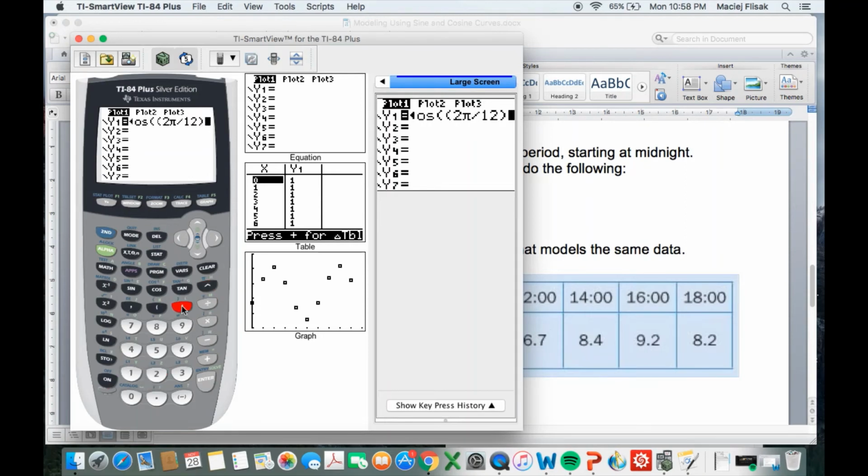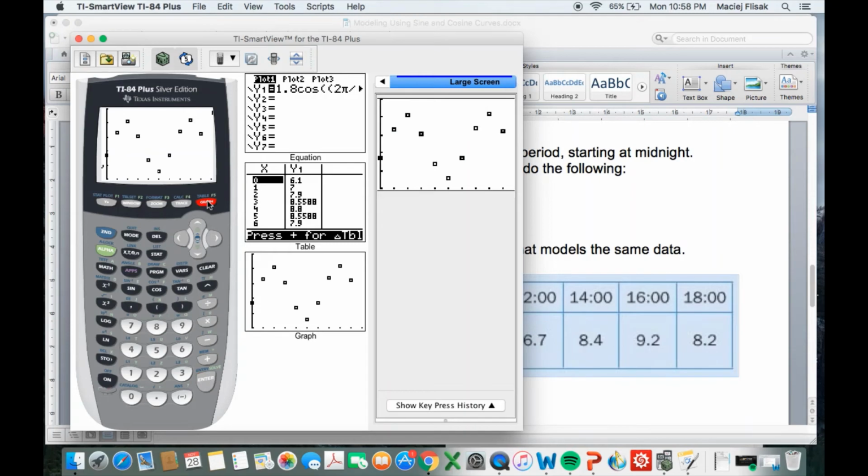Close that parenthesis, and then open a new parenthesis, x minus 4, close it, double close it, add the other translation, vertical, sorry, 7.4, okay, enter. Graph. All right, the moment of truth.